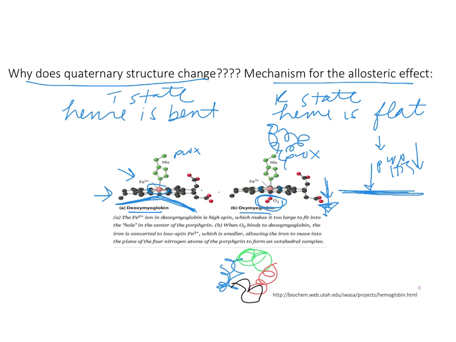So when you get 1 O2 binding here, you get a change in the shape of the first one, and it actually causes a change of shape in the region between all the subunits. The space in between here gets smaller.